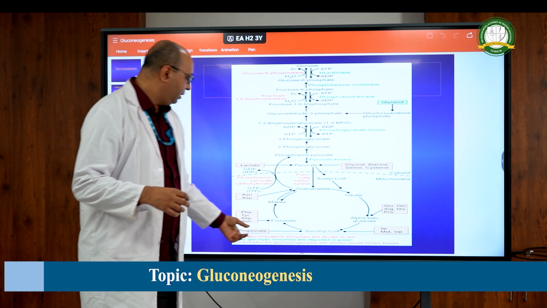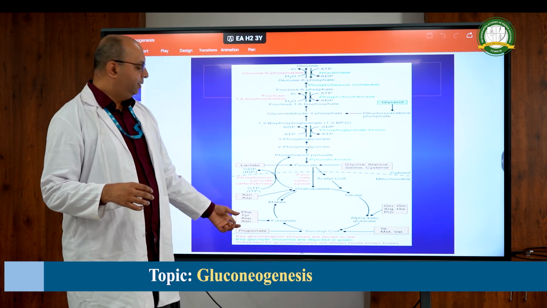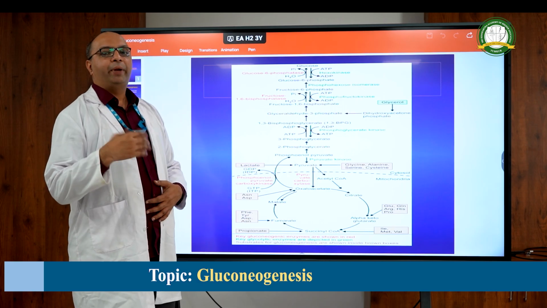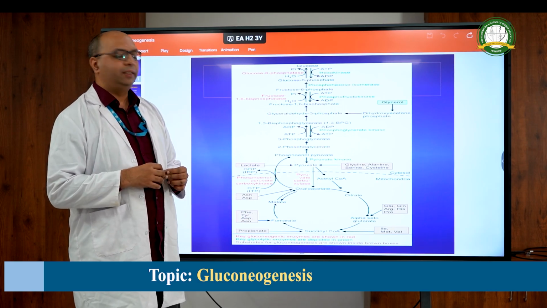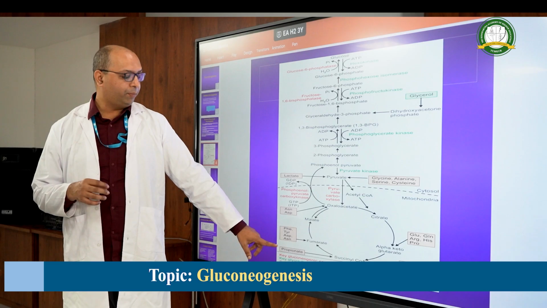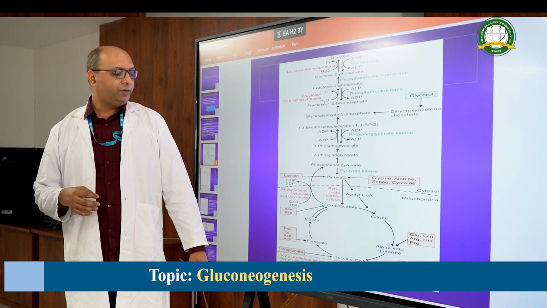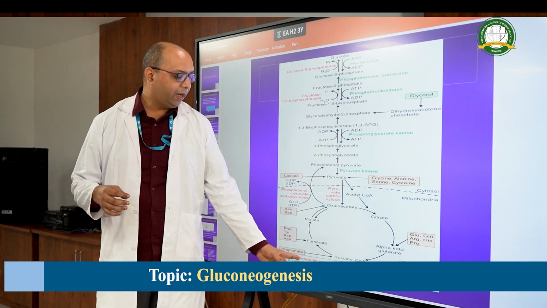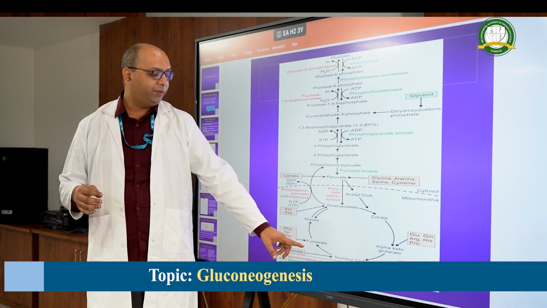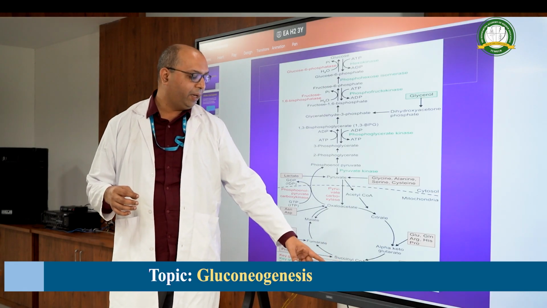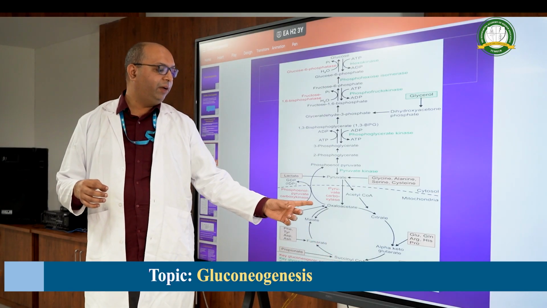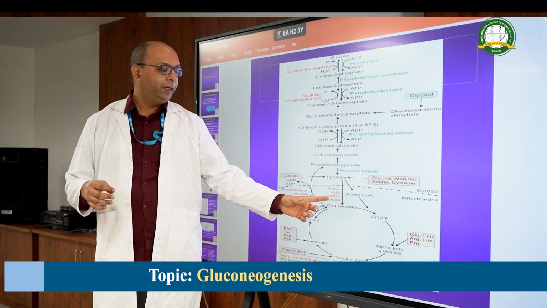Then we have propionyl coenzyme A, the breakdown product of odd chain fatty acids. First it will be converted to succinyl coenzyme A. Then succinyl coenzyme A will form oxaloacetate in the Krebs cycle.